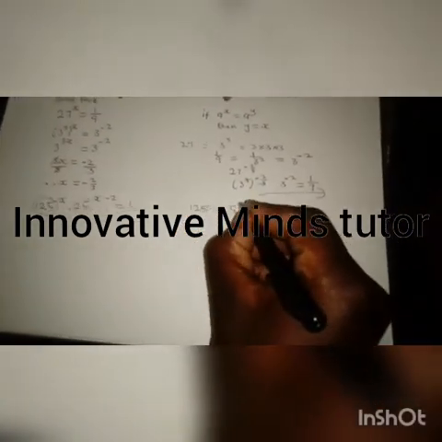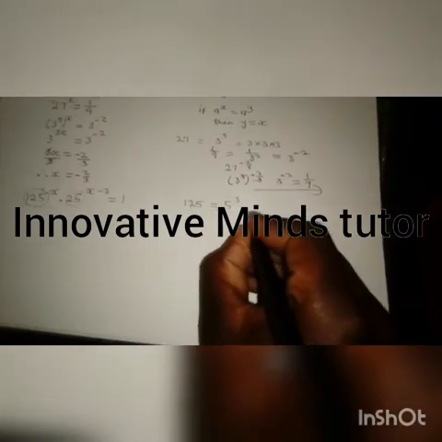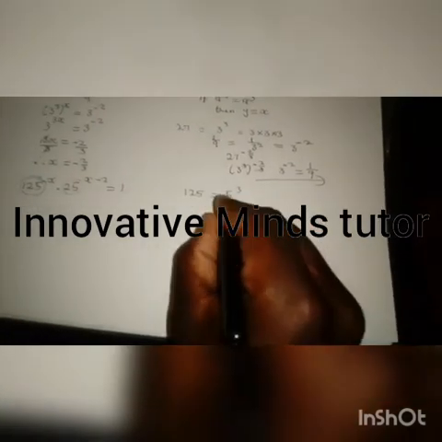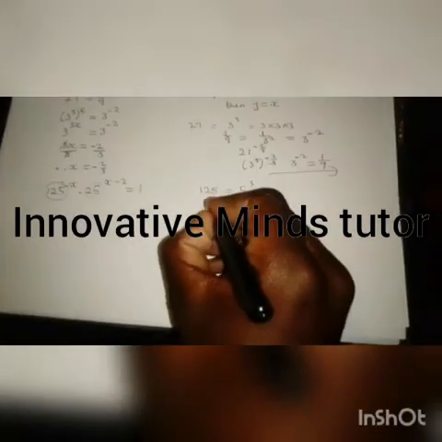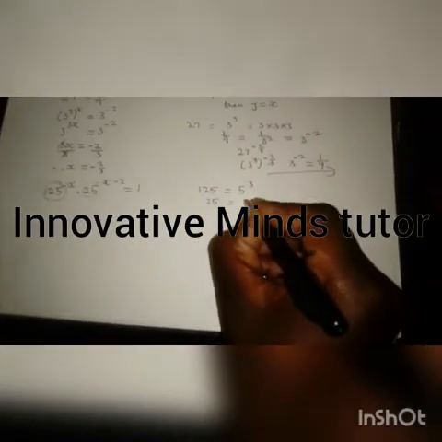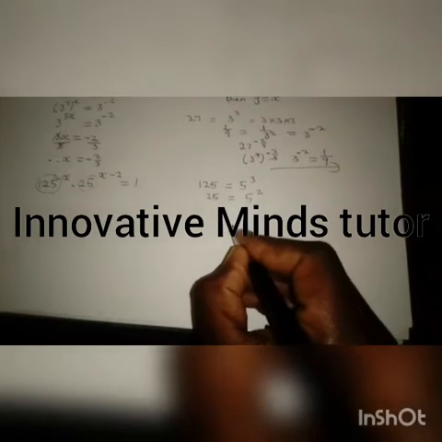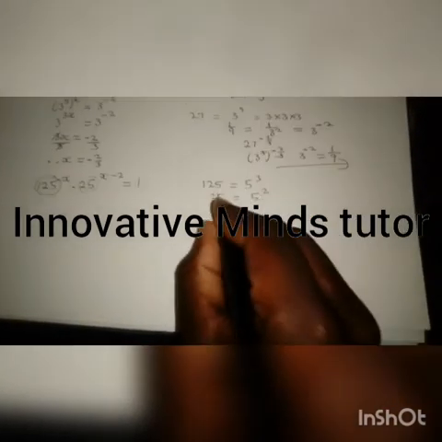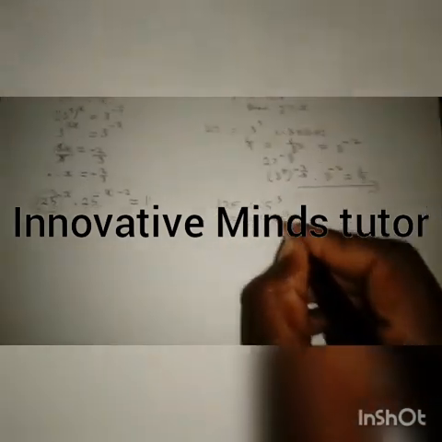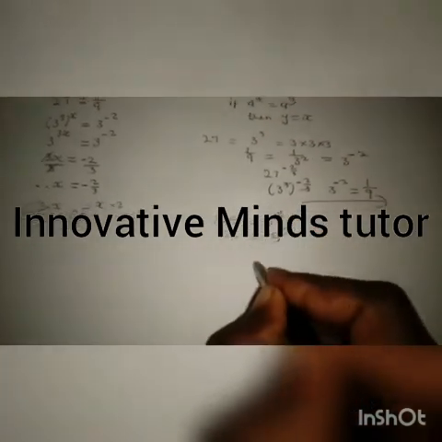This will be 5 raised to the power of 3, because 25 times 5 gives you 125. As well, we need to change 25. This will be 5 to the power of 2, because 5 times 5 becomes 25.